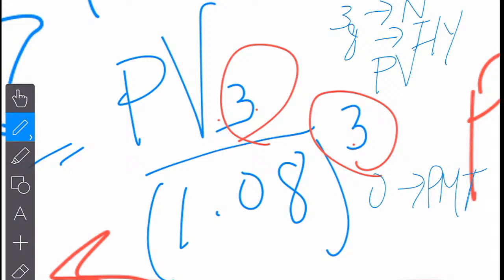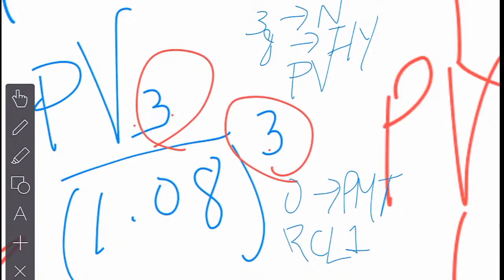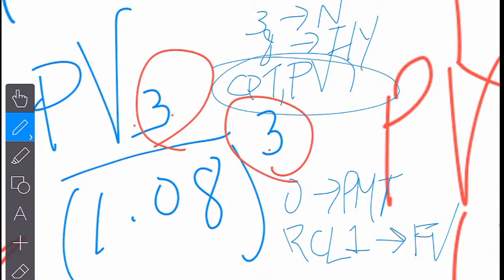And future value is, recall 1 and put that into the future value slot. You guys can see that? And then compute PV, and you should get the answer that's in brackets at the top.